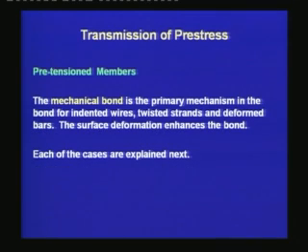Out of these three components, the mechanical bond is the primary mechanism in the bond for indented wires, twisted strands, and deformed bars. The surface deformation enhances the bond.